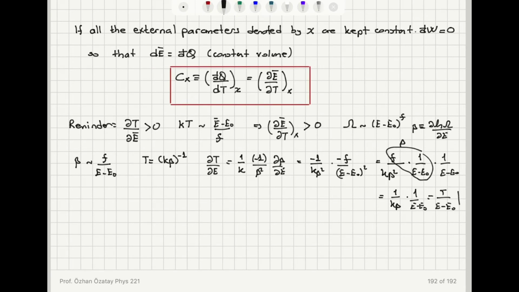So at the equilibrium point, this would be temperature divided by (Ē − E0). But since you have two squares here and a positive value here, this is always positive. So the conclusion is that the heat capacity of a substance should always be positive.